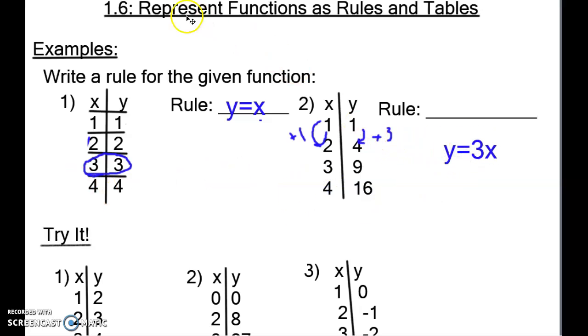But if you keep on going, you'd see that this increases by 5, then this increases by 7. You're probably wondering, how is this an equation? You'd probably say this is not a function or there is no explicit rule.